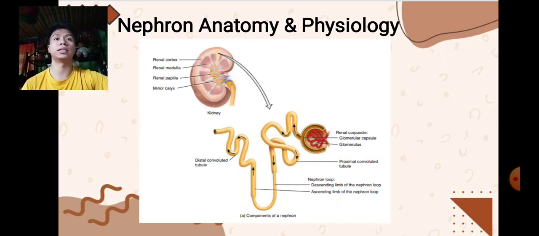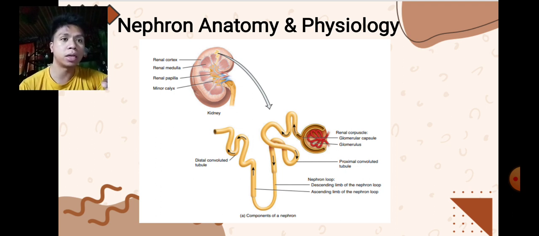The renal tubules consist of these three main sections: number one, the proximal convoluted tubule or PCT; the nephron loop or loop of Henle; and the distal convoluted tubule or DCT.